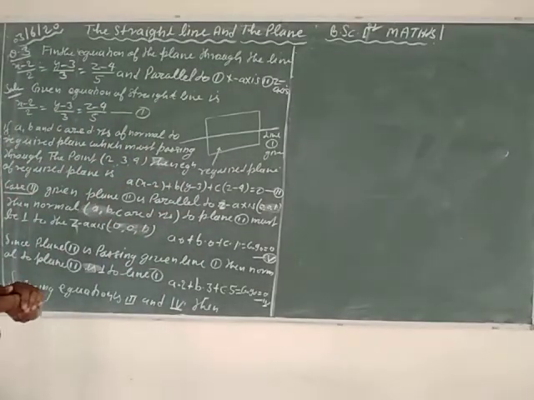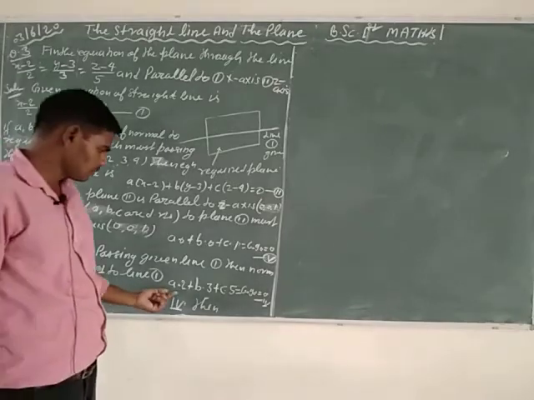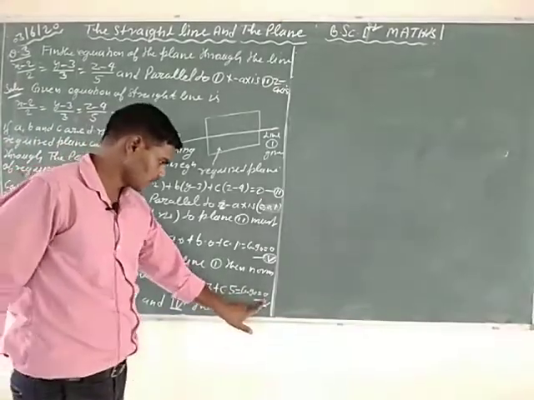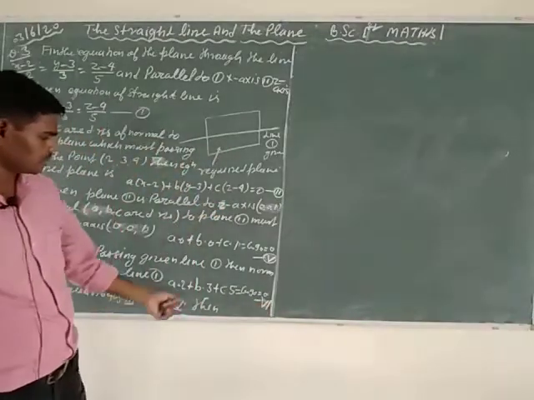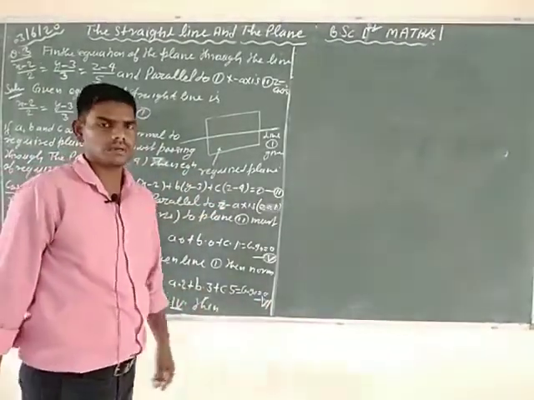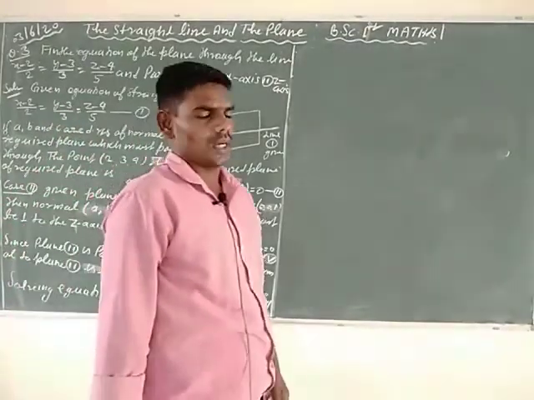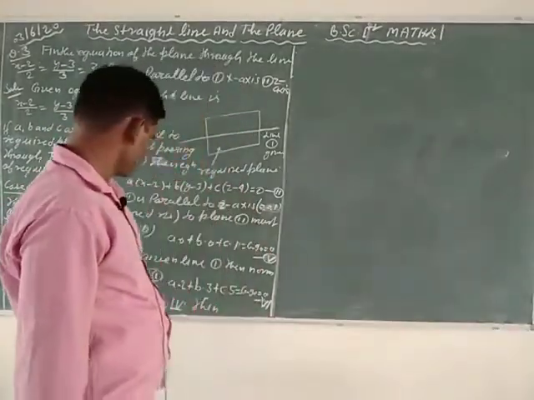Using this property we write condition 6th: a into 2 plus b into 3 plus c into 5 is equal to cos 90, because both are perpendicular to each other, is equal to 0.